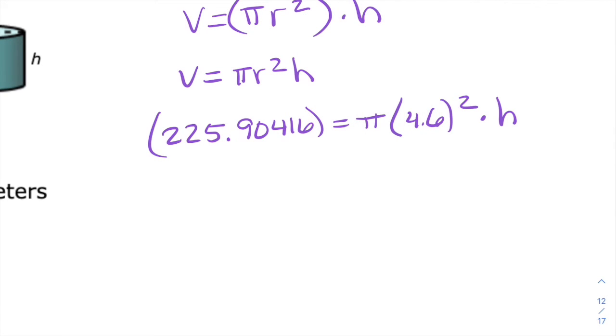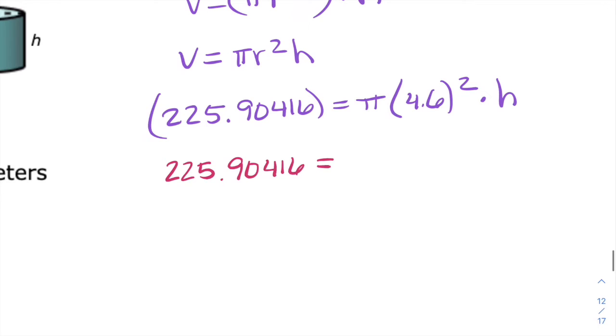Let's first do this math out. 225.90416. Let's do 4.6 squared. So we get 21.16 pi times h. I just did 4.6 times 4.6.